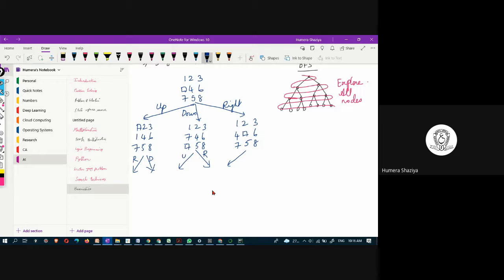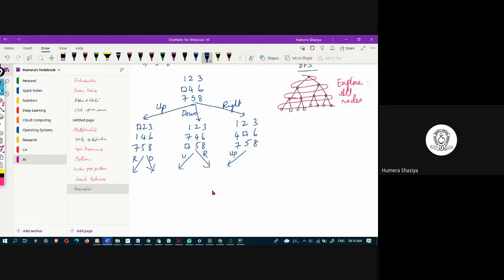4 moves. Students, please expand this, I mean the first successor and second successor. I am expanding the third successor, but you please expand the first and second as well.